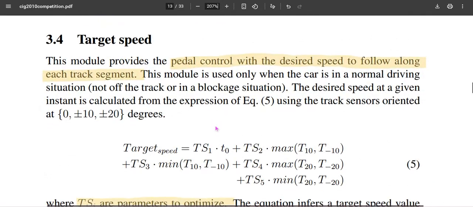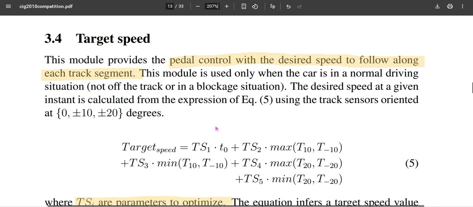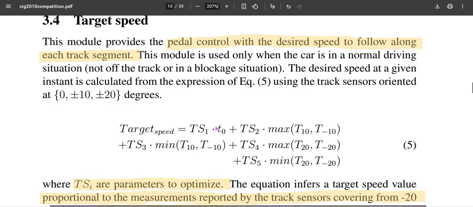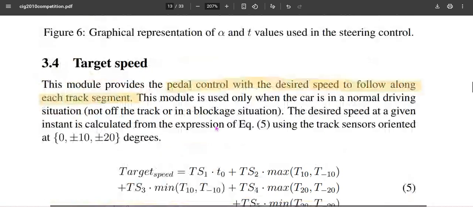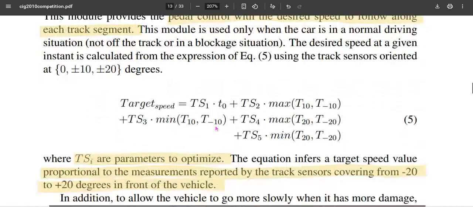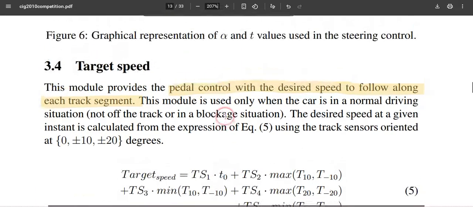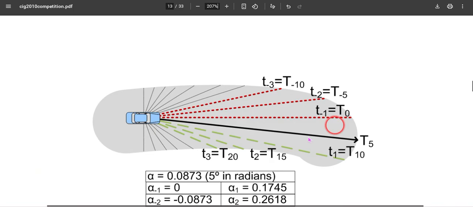And similarly, the target speed, what target speed it has to go for that particular occasion, is also based on the thing that we have discussed earlier. That alpha is based on this t0, t1 value. T0 is something like the maximum distance that it can be traveled.